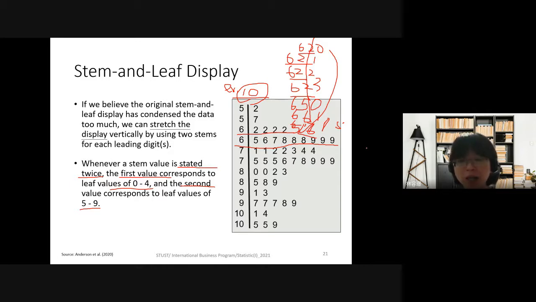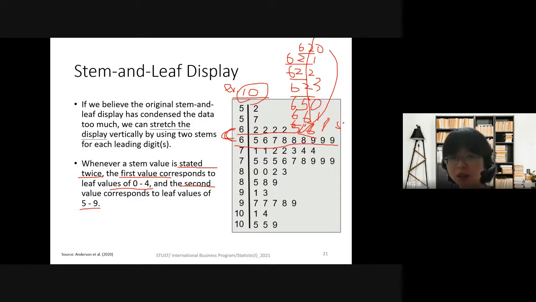But this makes the numerical data too long, so you can separate them into two rows.